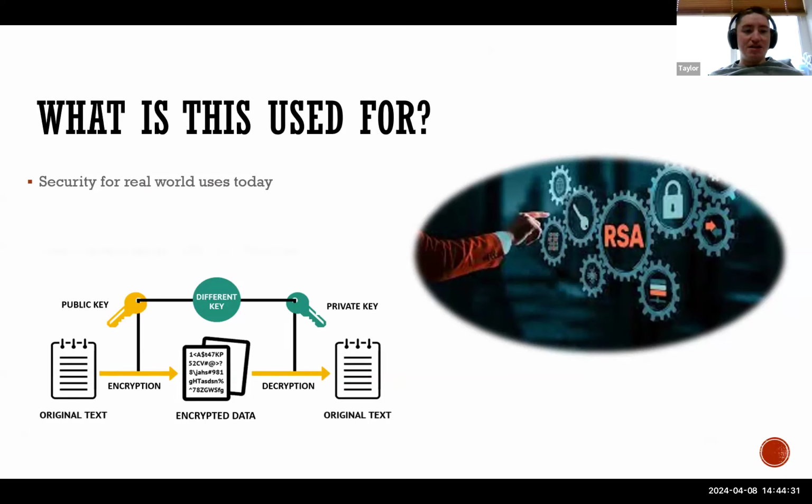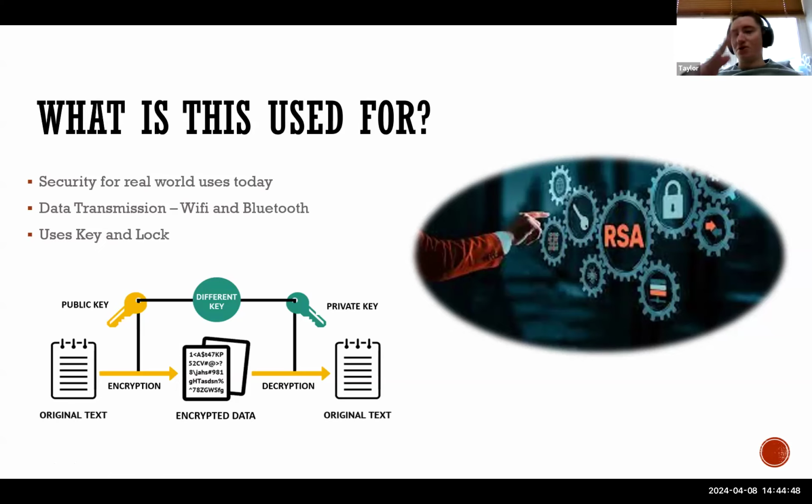It uses a key and then a lock to these different sets. I'm going to be going over more of that in the next slide, but it has something called a public key and then a private key. It encrypts the text that is sent through, and then it sends a private key and decrypts that to your device.